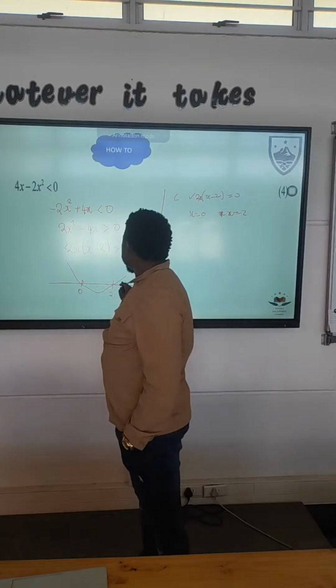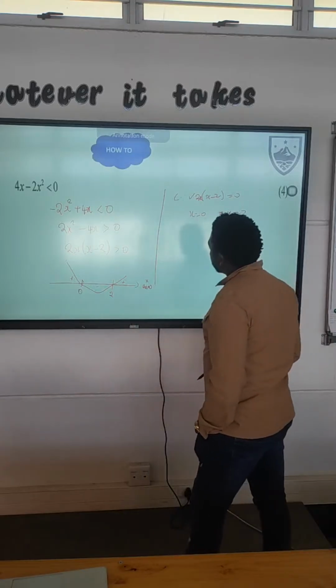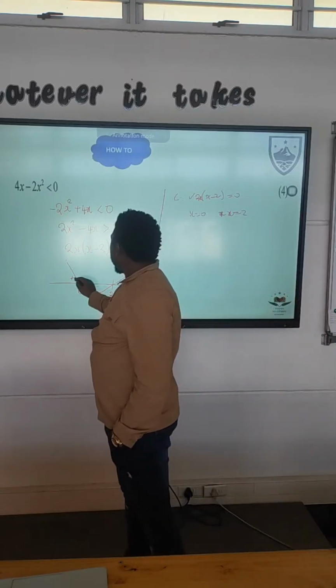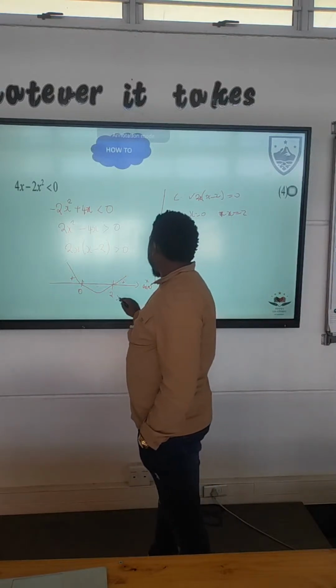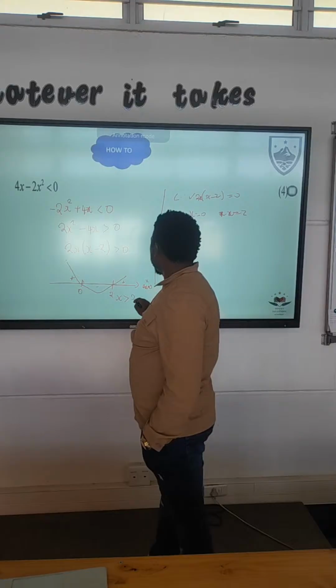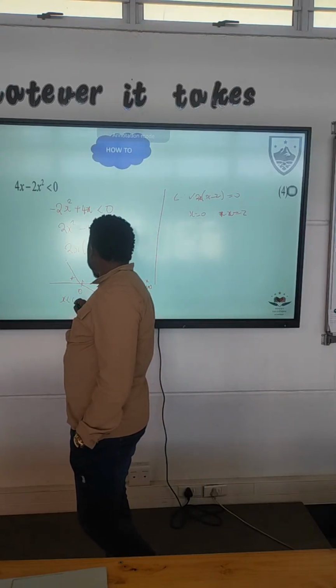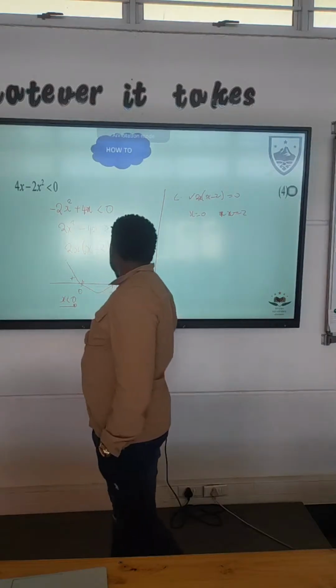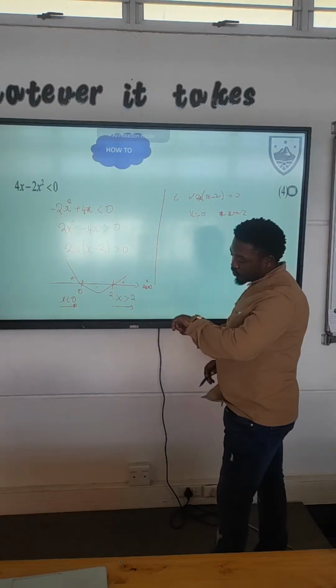So this will be negative, this will be positive. I think we've done plenty of this. By now you should actually know how to write the solution. So x must be greater than 2 or x must be less than 0. This becomes our two solutions.